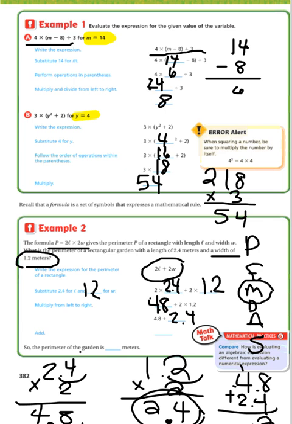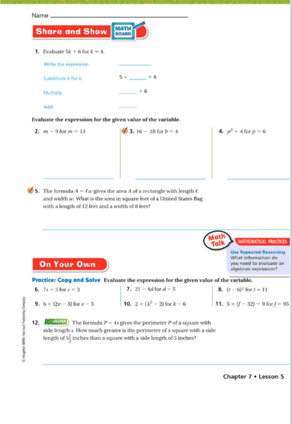Well, you do multiplication first. 3 times 4 is 12, so we're going to have 16 minus 12 equals 4. Number 4, p squared plus 4, and p is going to equal 6. So 6 squared plus 4. 6 times 6 is 36, plus 4 equals 40.